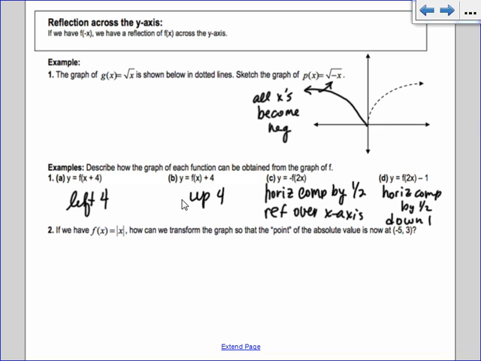Okay, it says if we have f of x equals the absolute value of x, how can we transform the graph so that the point, the vertex, of the absolute value is now at (-5, 3)? So if our original started at (0, 0), and we want the new to be at (-5, 3), how do we have to move it?